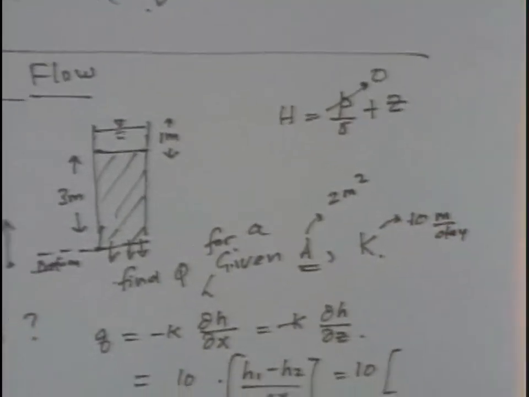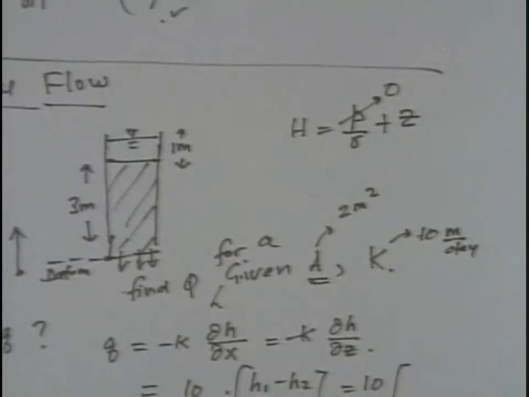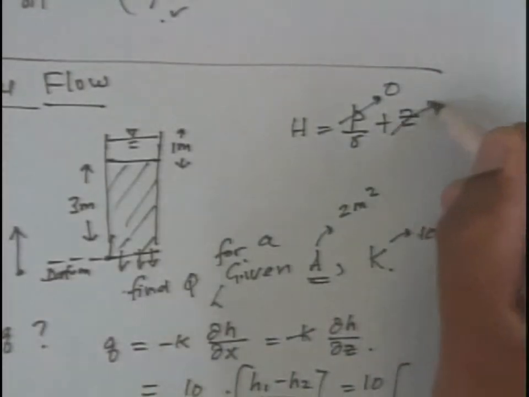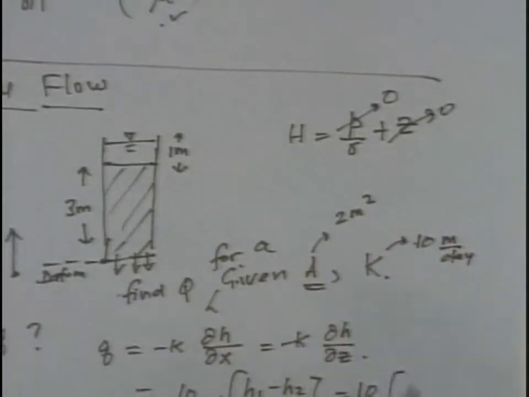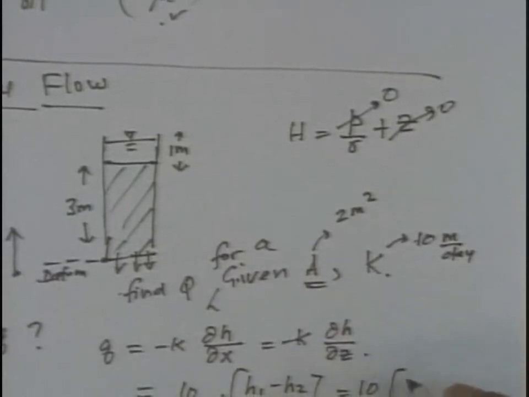If you assume the datum another way, it will still work out actually. You might want to check that. So I assume for convenience the datum to be there, so it will be 0. We'll come back and change the datum and see what happens. So it should be H2 minus H1, right?